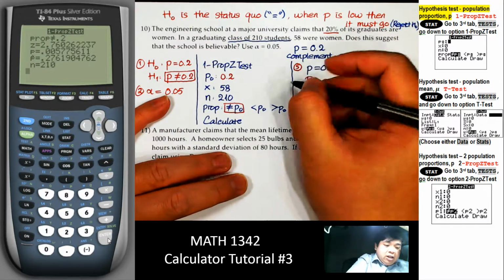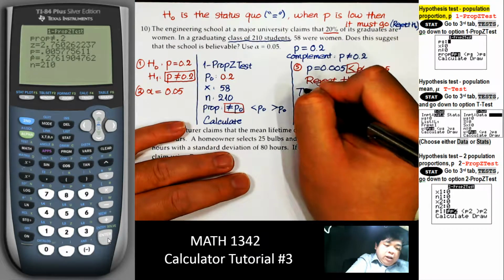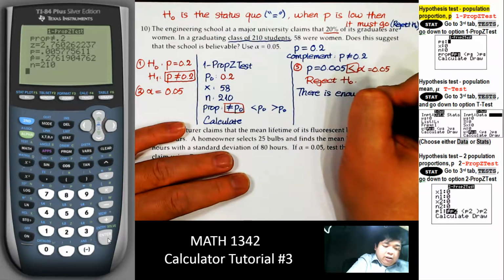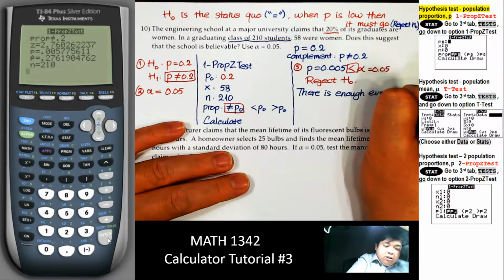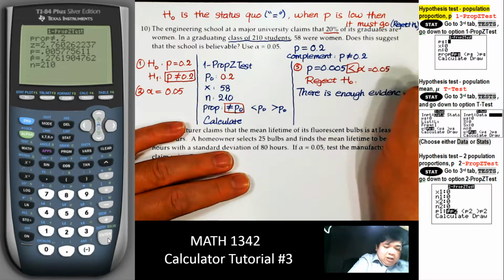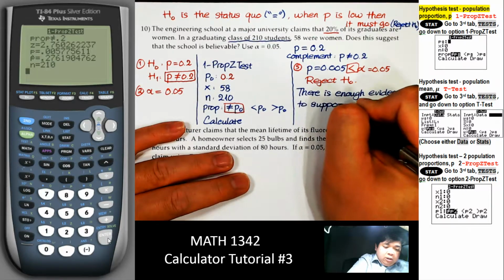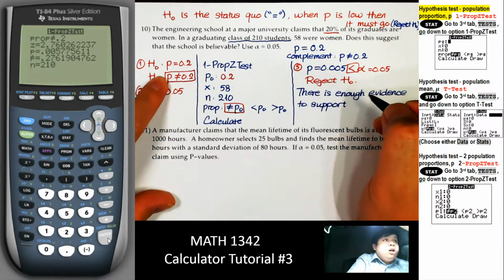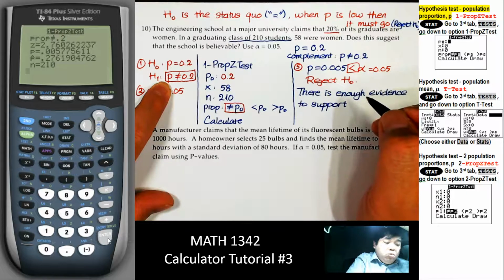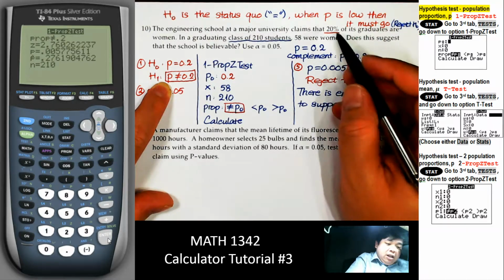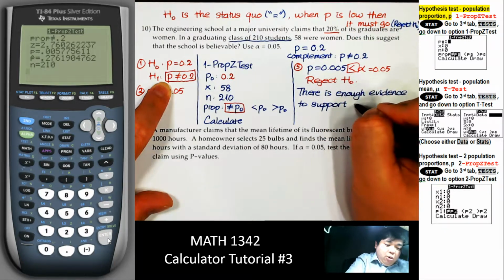And if we reject, the conclusion will be there is enough evidence to support the alternative hypothesis, meaning the proportion is not 20%.